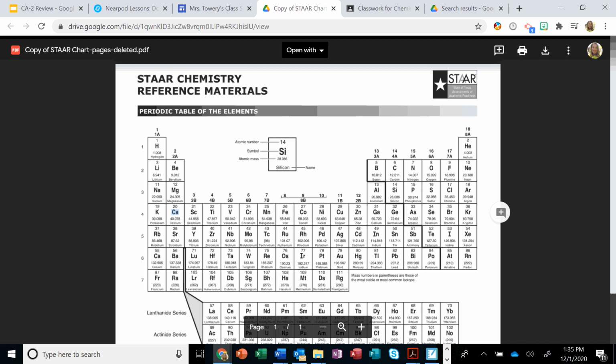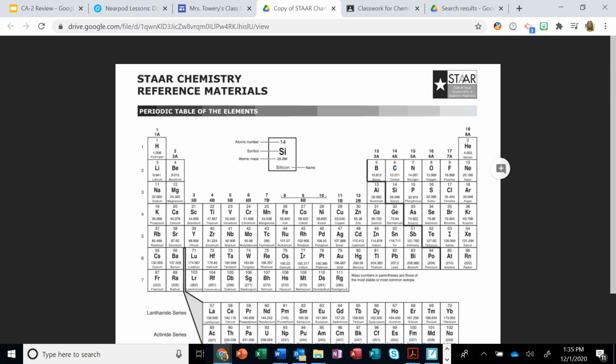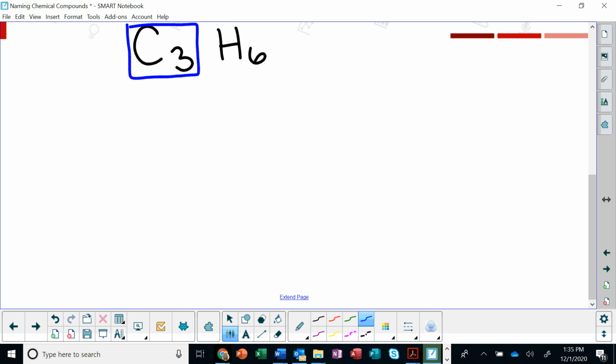C is over here on the periodic table. It's carbon. If it's on the right-hand side, again, it is a non-metal. If it is a non-metal, we're looking at a covalent compound. And if it is covalent, then we are going to go ahead and we're going to need prefixes.